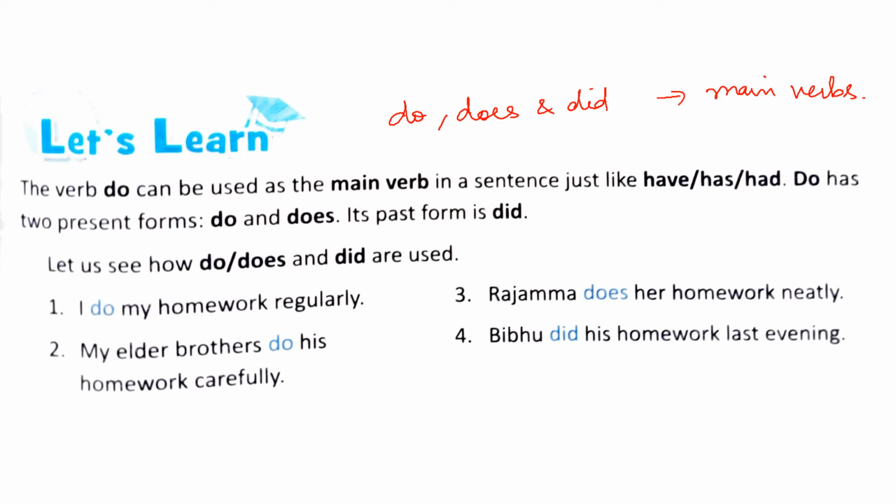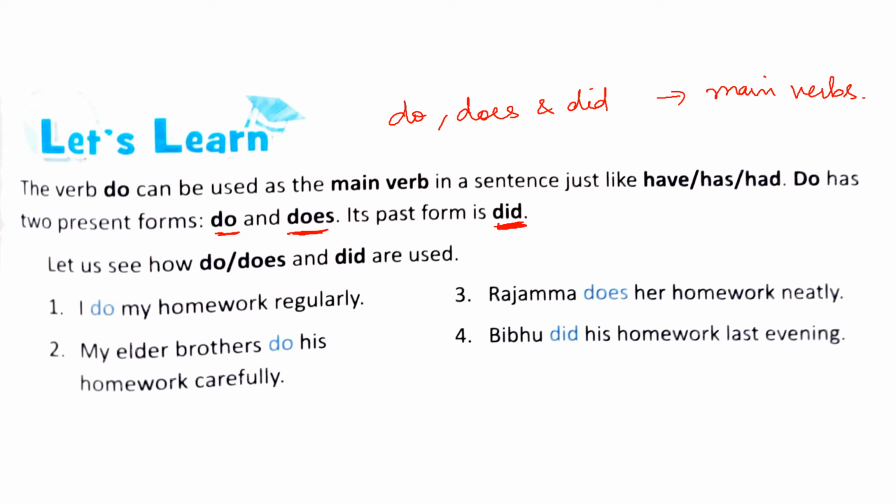Just now we saw how they can be used as the main verb in the sentence. So do has two present forms. The one is do and does. These two are the present forms, and its past form is did. The past form of do is did. Alright, now let's see how we can use do, does, and did.